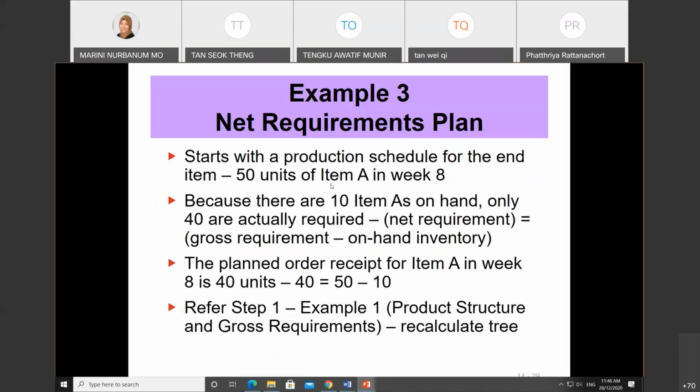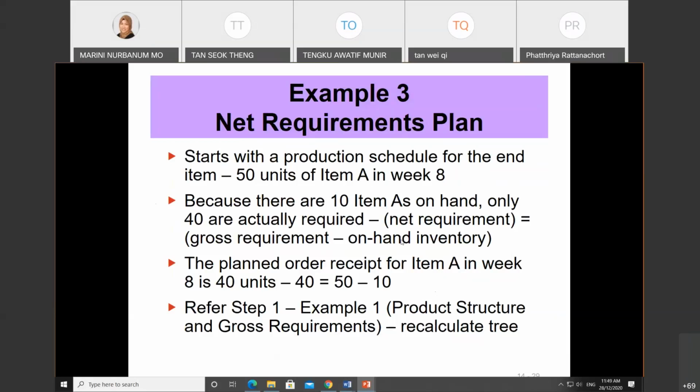Again, the final item is labeled item A. It is needed in week 8 and they need a quantity of 50 units. The information for on-hand inventory, they have 10 items of item A. Because they already have 10 items on hand, you do not need to produce 50. You only need to produce 40, because you take the gross requirement minus the on-hand inventory of 10.